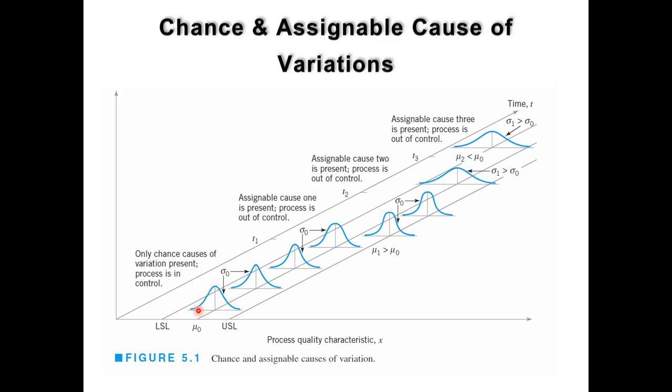At this point of time, you have a set of data whose distribution is shown here, and the mean of this distribution lies exactly on the process mean as specified earlier, together with the lower and upper specification limits.